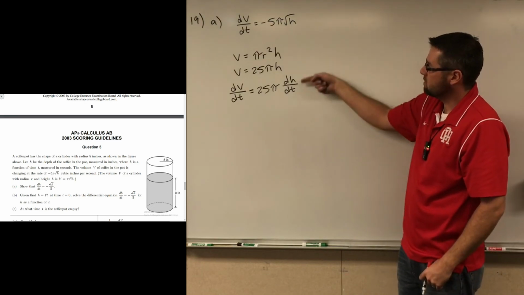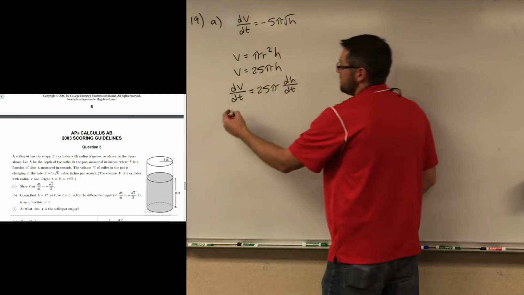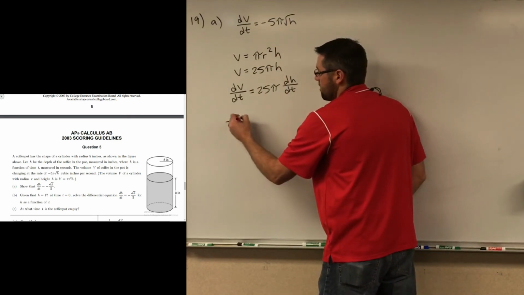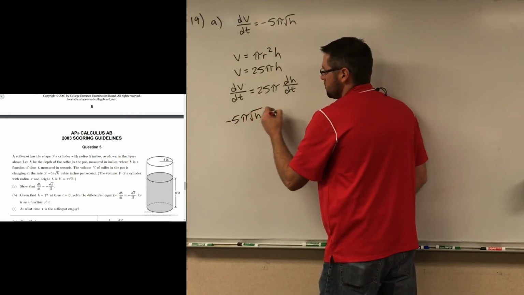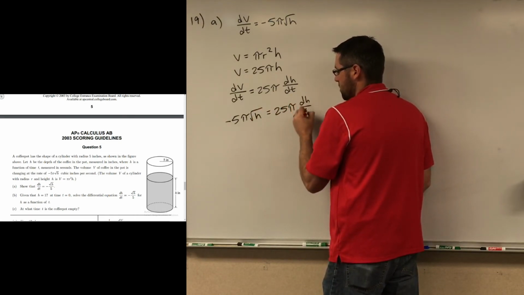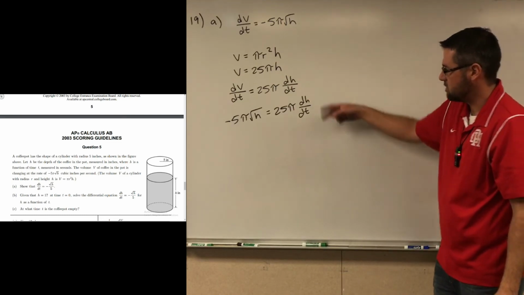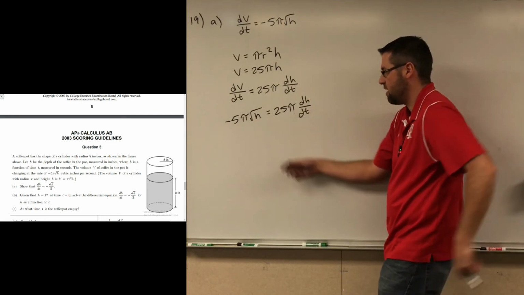What can I do with these two things? Set them equal to each other because they're both dV dt's. So negative 5 pi rad h equals 25 pi times dH dt. And our goal is to solve for dH dt. So we just have to divide by 25 pi.